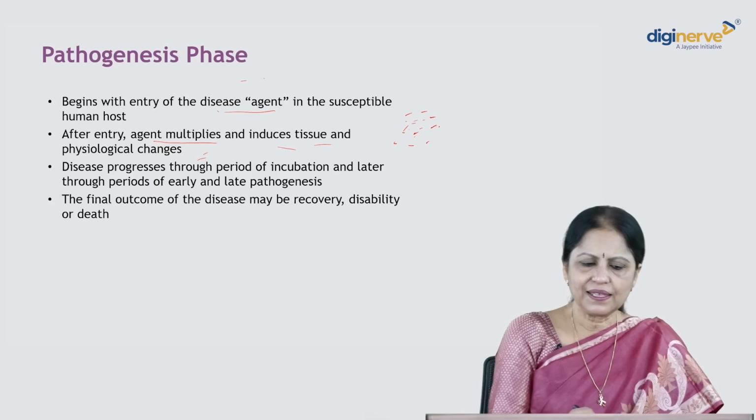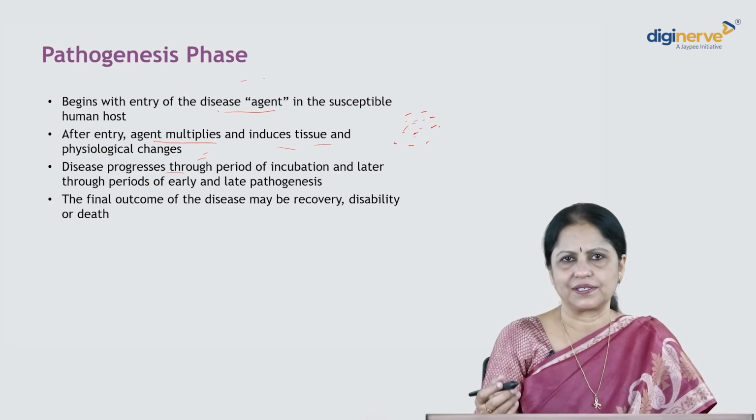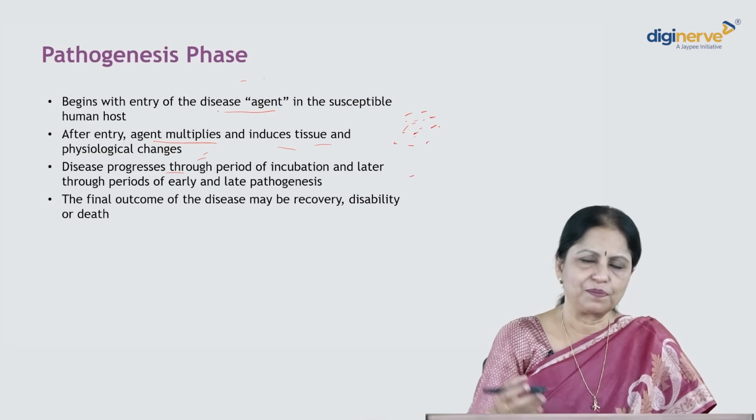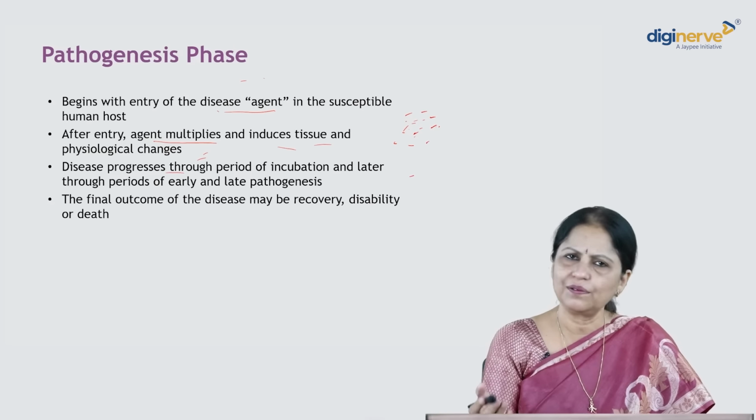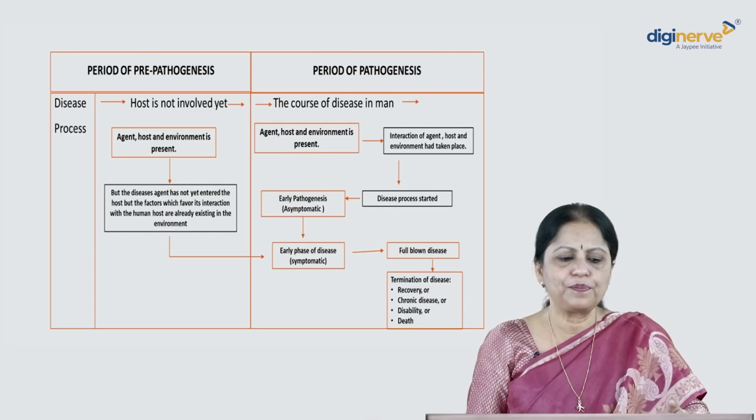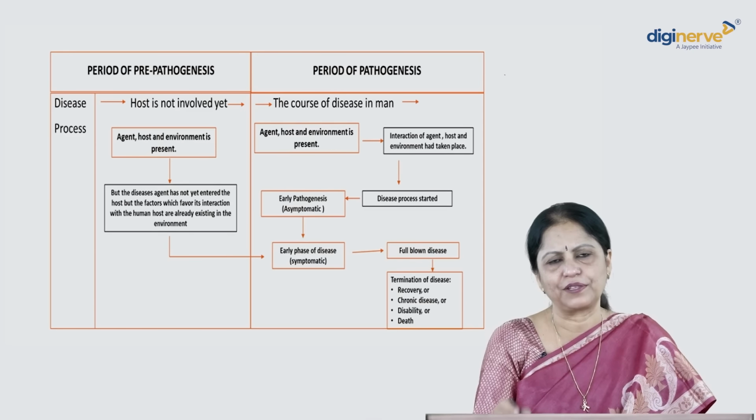Then the disease progresses and manifestations start appearing, and after that it may progress to complication and the outcome. The pathogenesis phase can also be divided into early and late pathogenesis phase, and finally the outcome happens. So this is the model: period of pre-pathogenesis and period of pathogenesis.